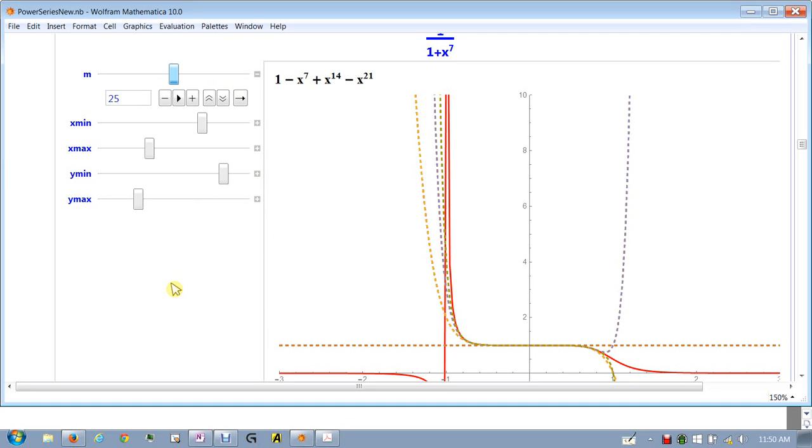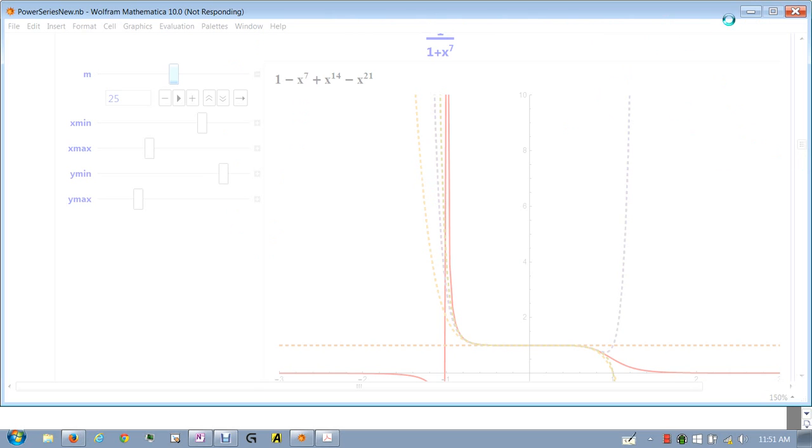The computer's doing a lot of work right now. The computer can handle this. It's just having trouble graphing it all at the same time. Yeah, I've just brought it to its knees.